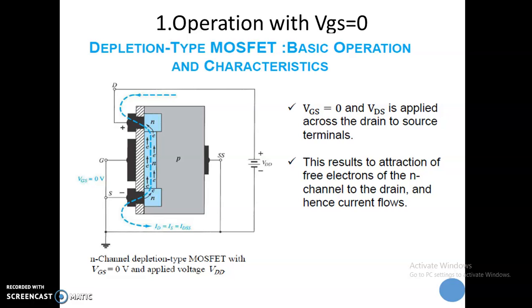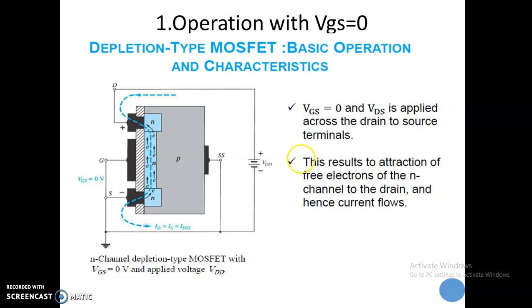With application of gate voltage, which is negative for an N channel D MOSFET, the drain current will decrease, meaning the channel is depleted, so it is called depletion MOSFET. Through this construction and operation, at the end you will get how the channel is depleted. So this type of MOSFET is called depletion MOSFET.